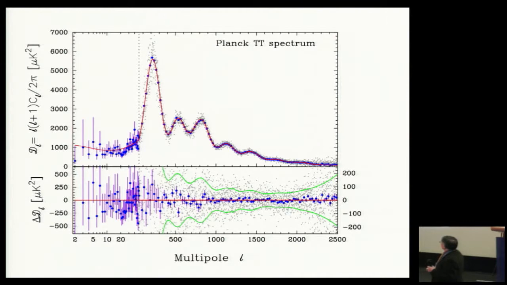The second thing is that, again, as Simon described, we have to solve for unresolved foreground components which are not negligible at high multipoles. So in addition to diffuse galactic emission at low multipoles, we have to deal with point sources, with cosmic infrared background, and other unresolved components. And we do that by solving for parameters describing those unresolved foregrounds at the same time that we fit for the cosmological parameters.